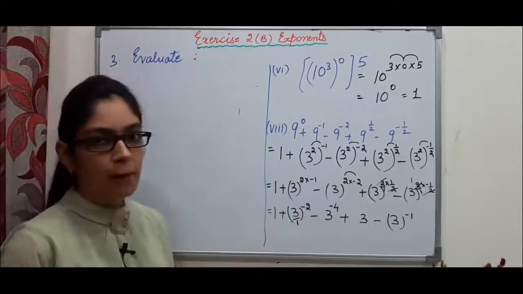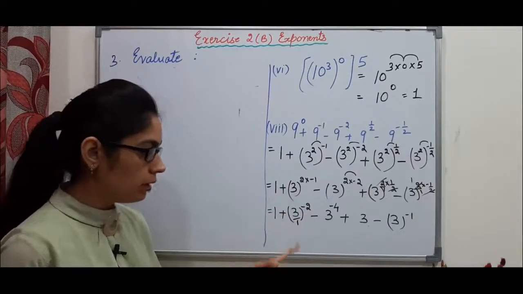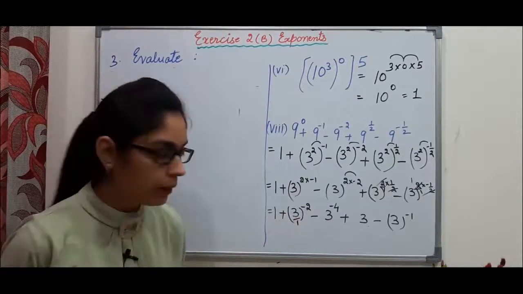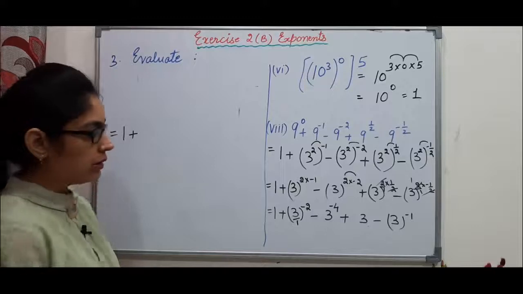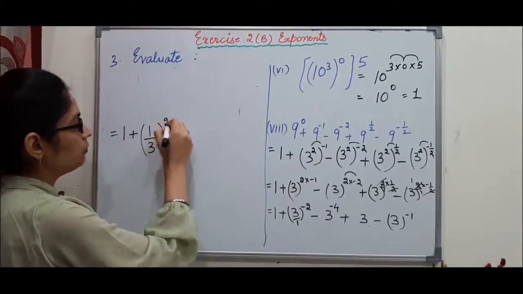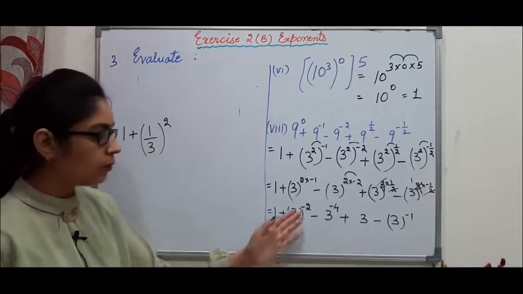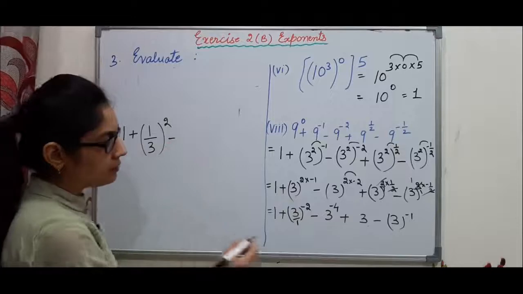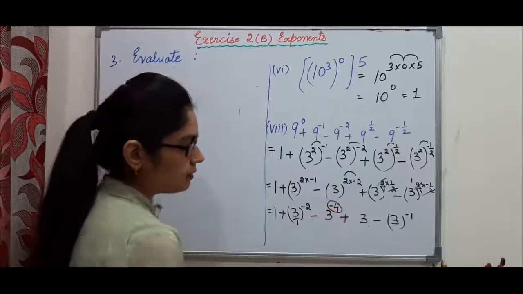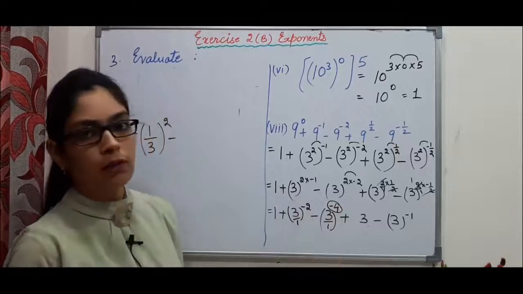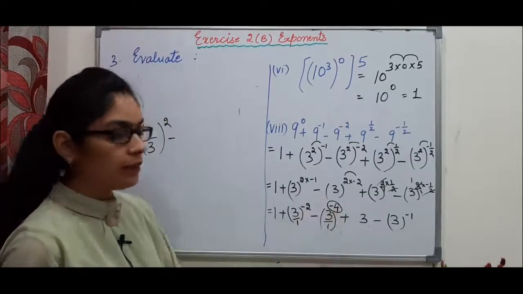In order to make power positive, 3 by 1 will be changed to 1 by 3, because we have to do the reciprocal of a number to make power positive. So I can write it as 1 by 3 whole power 2. After doing reciprocal, minus 2 will be changed to plus 2. Minus, same thing here, the power is negative, so I can do its reciprocal and convert this power from negative to positive.